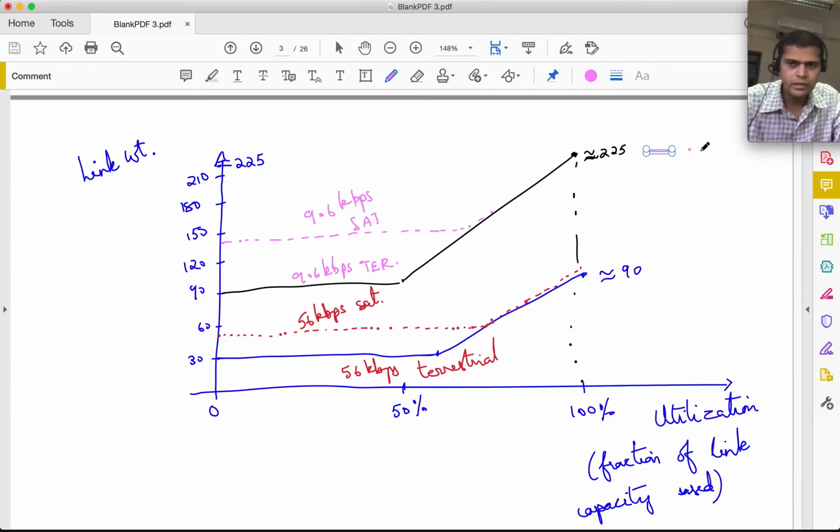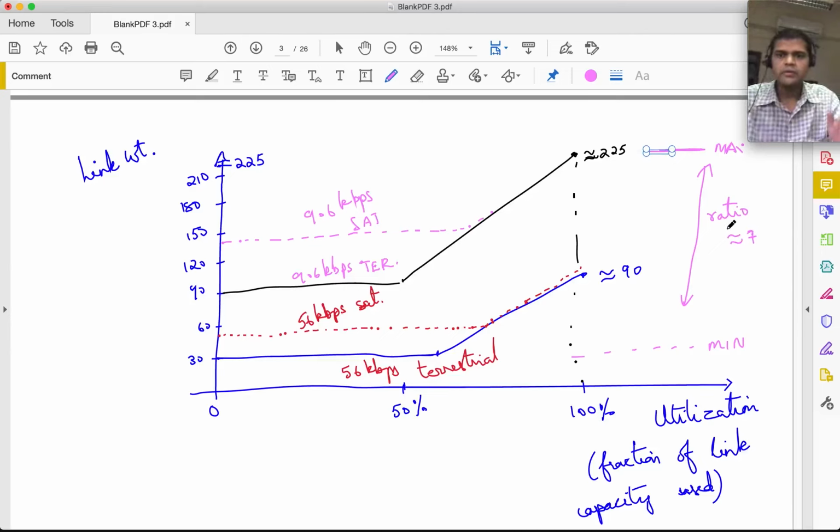If I compute this, the maximum weight that any link could have and this the minimum, the ratio was about 7. It wasn't 120 or something like that which they had earlier. And at the same time, the 56 kbps satellite link was preferred to this one.